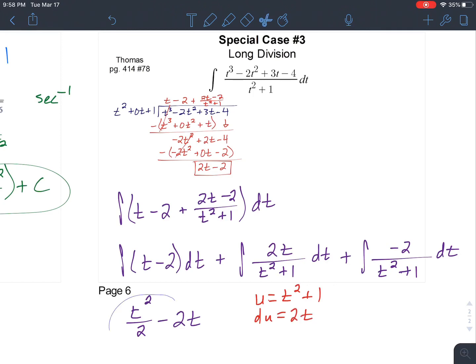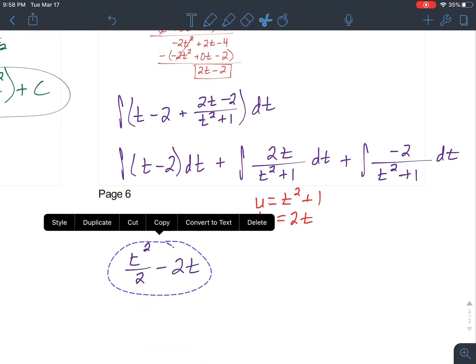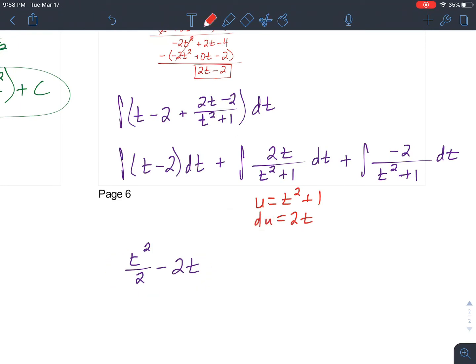Du is going to be 2t. And then for this last part, what we should do is factor out that negative 2 and put it in the front. And I'm hoping that you recognize that this integral is going to become arctangent.